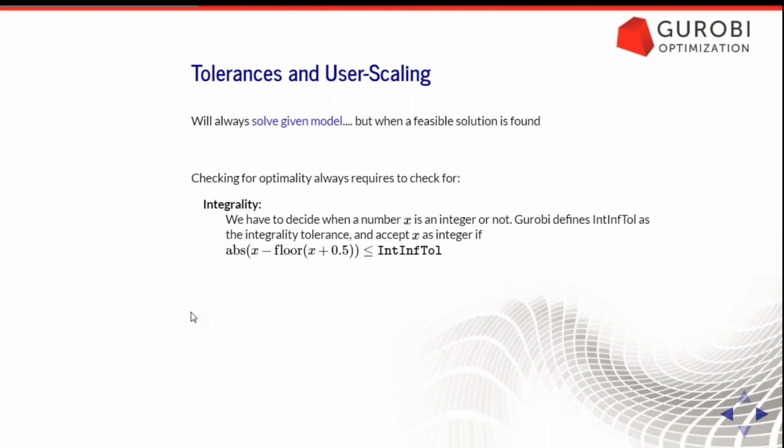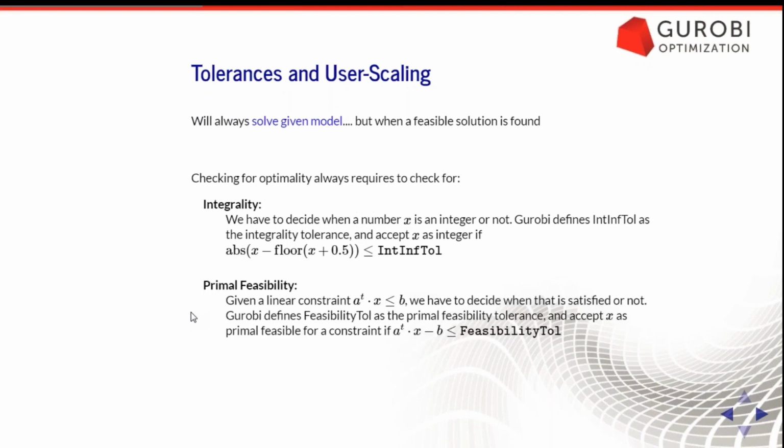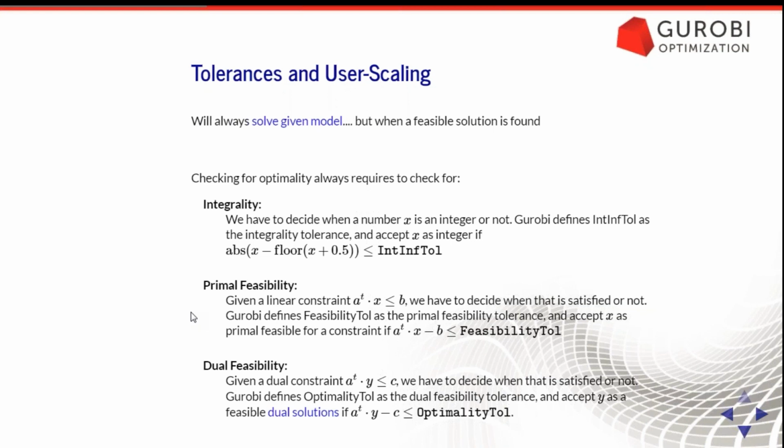However, when you solve the model and you get a feasible solution, you have to check if that solution is feasible. But as I said before, you cannot really check for equality on the constraints. And you need to introduce the idea of tolerances. So whenever we have a feasible solution produced by a heuristic or by solving a linear system, there are at least three things that we have to check. One is deciding if a given solution is integer or not.